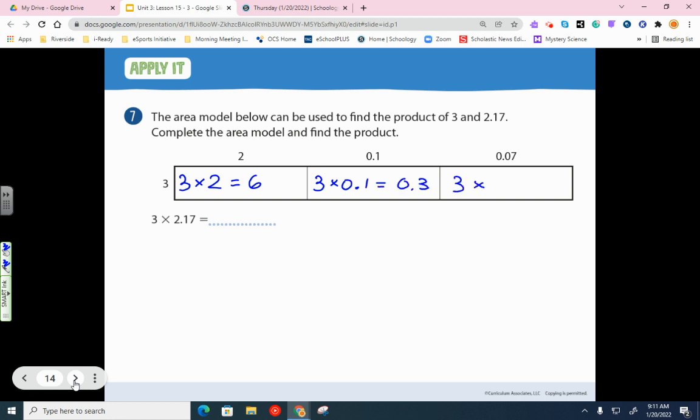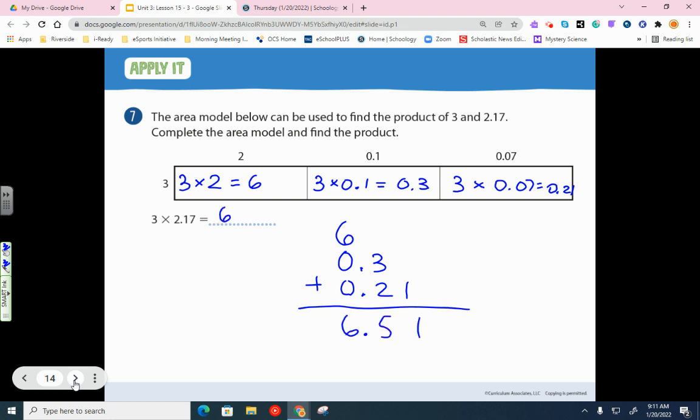And this is 3 times, and that gives us 21/100. Sorry, I ran out of space there. And now what we do is we take our 6, and then we have our 0.3 and our 0.21. We add all these together. Got 1, 5, 6. The answer is 6 and 51/100.